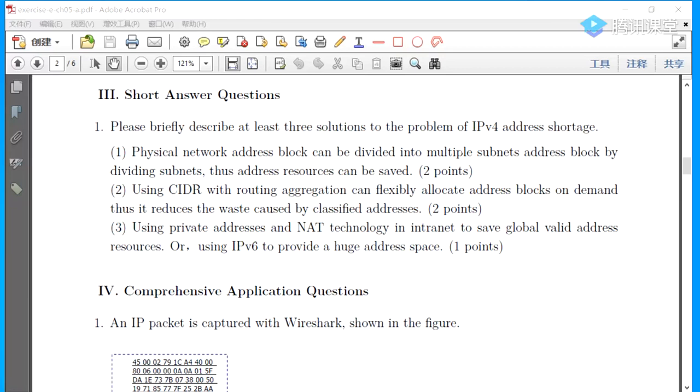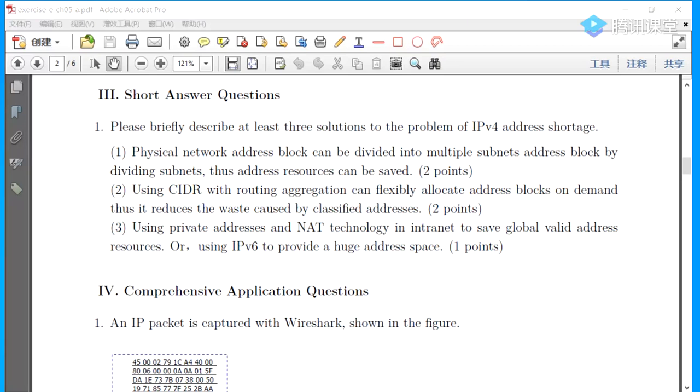Point 1. A physical network address block can be divided into multiple subnet address blocks by dividing subnets. Thus, address resources can be saved. Point 2. Using CIDR with routing aggregation can flexibly allocate address blocks on demand.